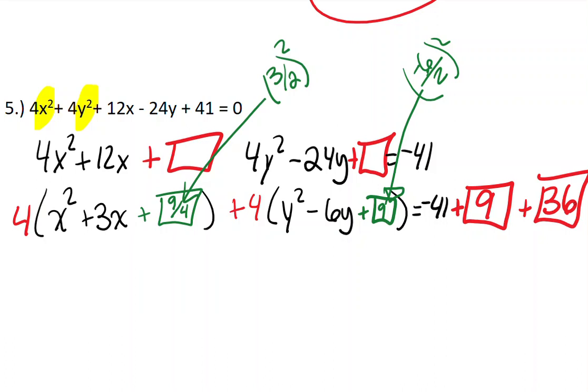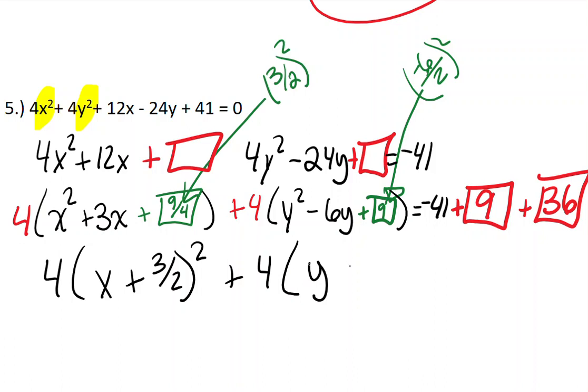So it's a little trickier with those coefficients to keep them balanced. All right, so I'm going to clean this up. 4 times the quantity x plus 3 halves squared, plus 4 times the quantity y minus 3 squared, and that gives us 4. With those coefficients, I'm just going to divide by 4.